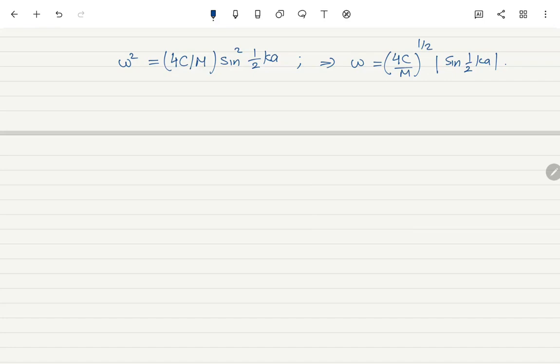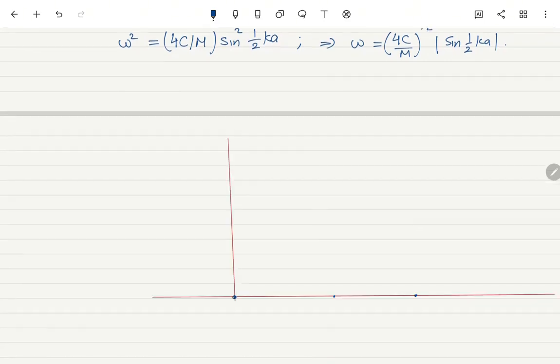Now if we plot omega versus K, let's see here, this is omega over 4c over m to the power half, and this is the zone boundaries, 0, plus pi over a, and this one here 2 pi over a.